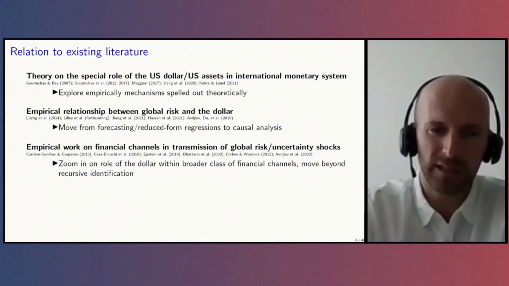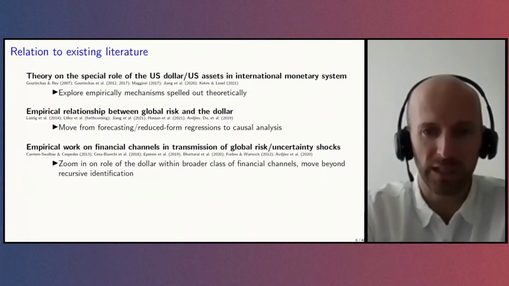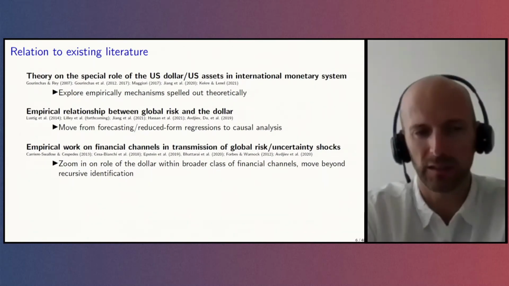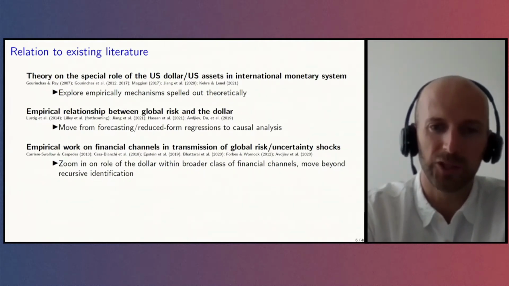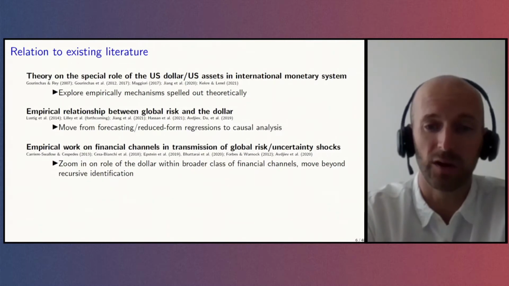And I think that's important to emphasize because there is another strand of the literature, which I'm not quoting here, a more econometric, technical strand, which points out that risk and uncertainty shocks are hard to identify based on recursive identification, or I should say that there are other shocks which have contemporaneous effects on risk and uncertainty.